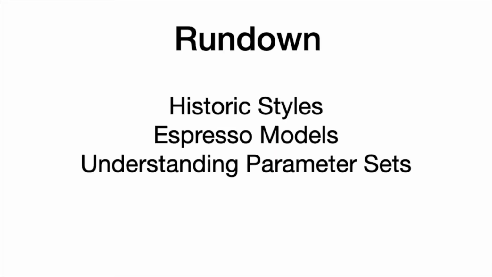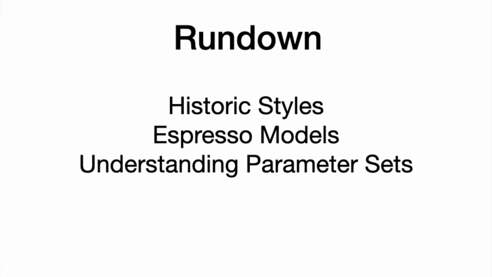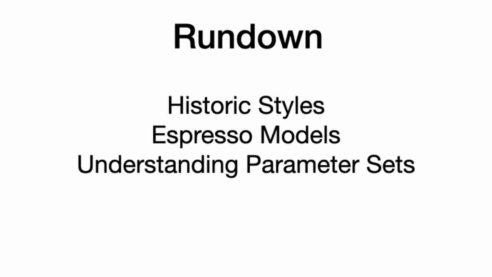By way of rundown, we're going to get into I think 6 or 7 topics over the next 2 videos, this video and the next video. We're going to talk through historical styles of espresso extraction. We'll talk about models. When I say models, I'm really describing sets of parameters that manufacturers kind of force you into, that allow the production of espresso to be easier.